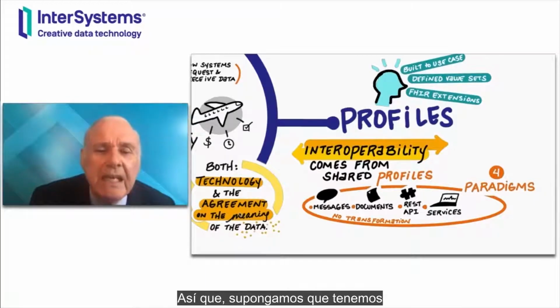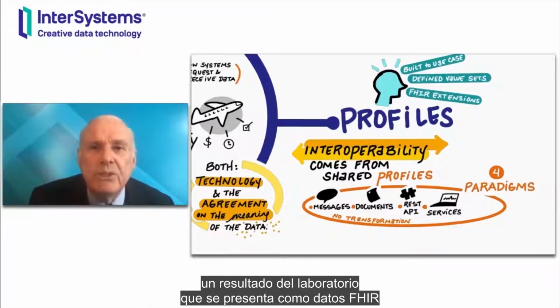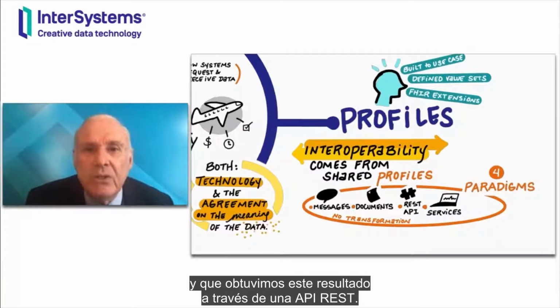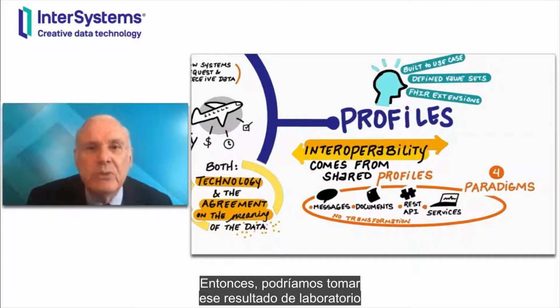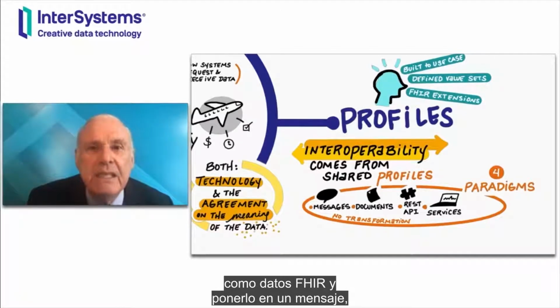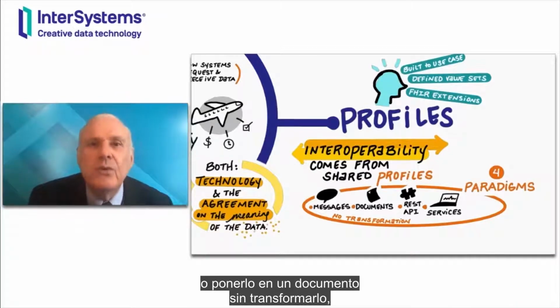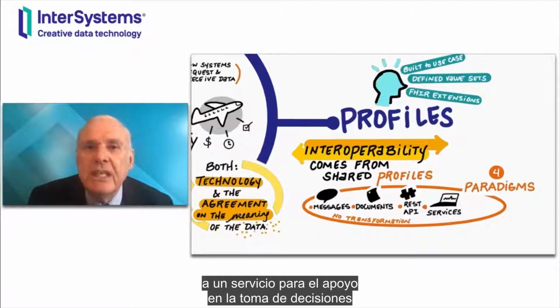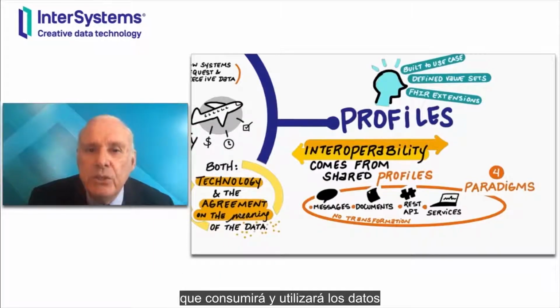So suppose we had a laboratory result represented as FHIR data, and we got that laboratory result from a REST API. We could then take that laboratory result as FHIR data and put it in a message or put it in a document without transforming it, or we could send that laboratory result to a decision support service that would consume it and could use the data in computing a decision.